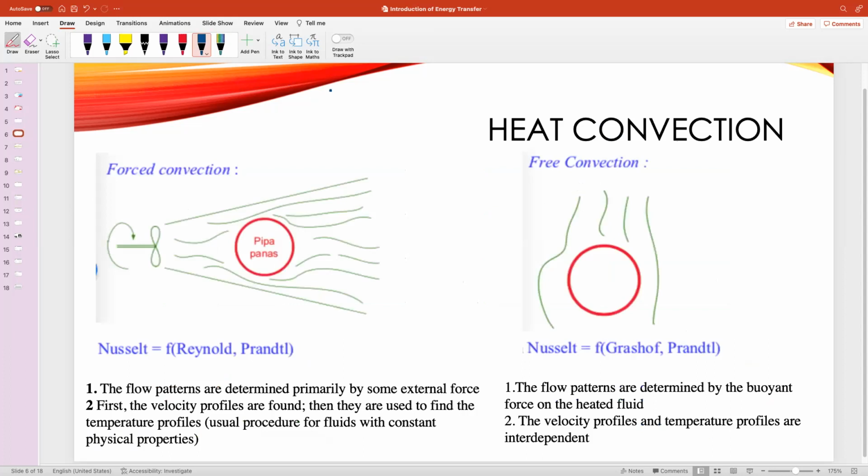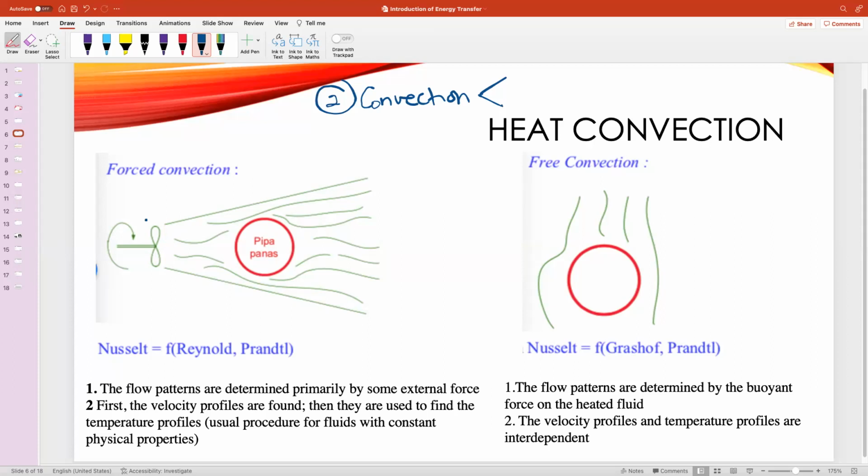The second phenomenon you need to see is convection. There are two types of convection: the first is forced convection, and the second is free convection. In forced convection, just imagine we have a hot pipe, or for example this hot laptop, and I add a fan to cool it down.